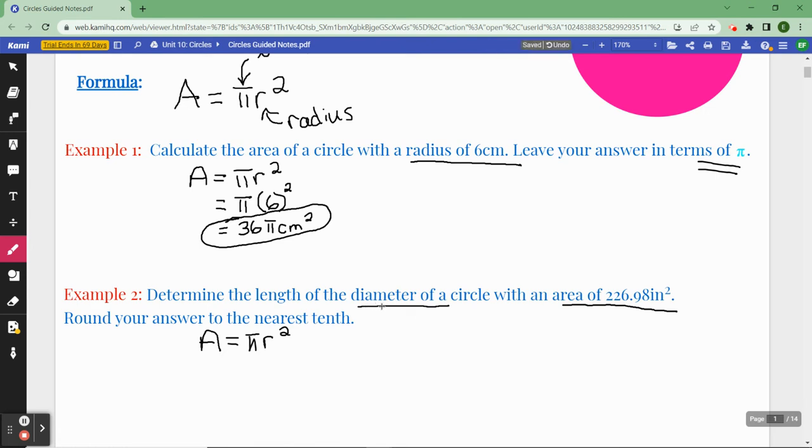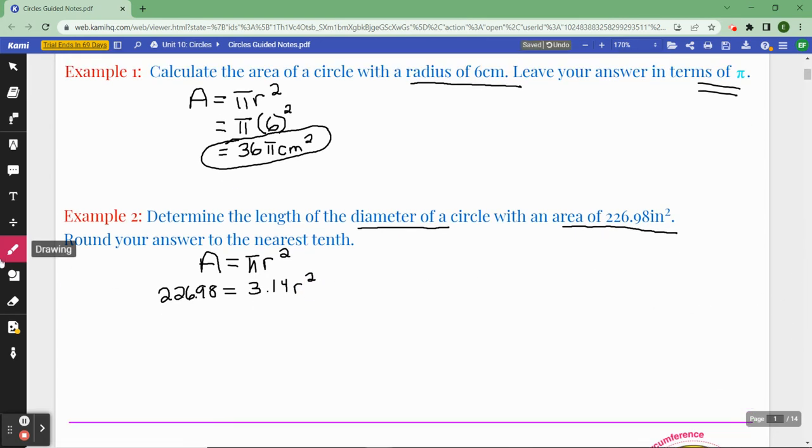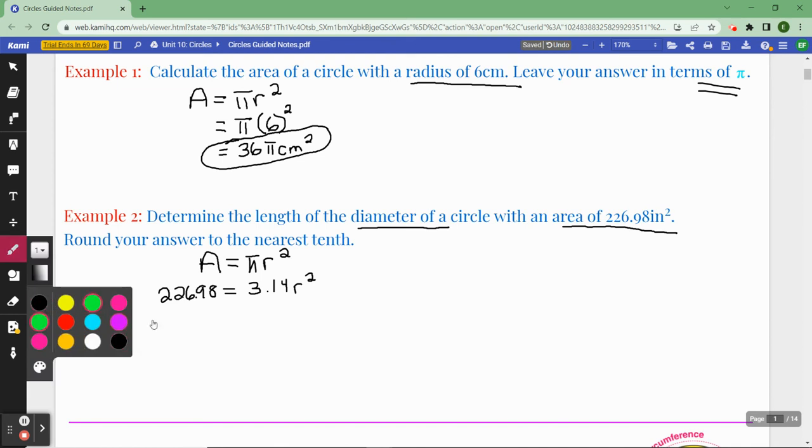Now we don't know the diameter, which means we also don't know the radius. We do know that the area is 226.98. We know that since pi is not in our answer, that means 3.14 was used as an approximate for pi.